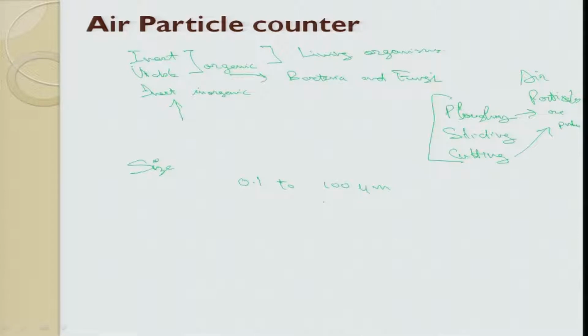And particles that are severe to human health are from maybe 0.1 to 10 micrometer that are inhalable, that can be inhaled while breathing, and even some reports say that if the particle size is even lesser than this, it can even penetrate the lungs.